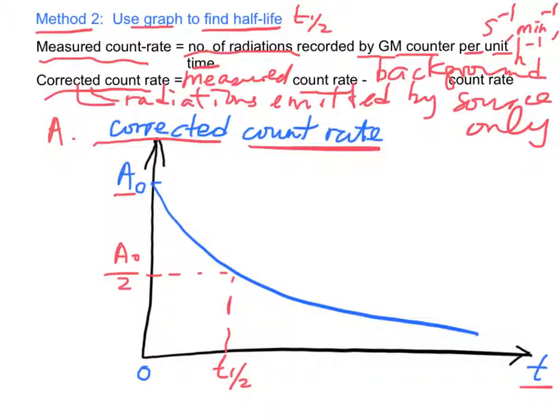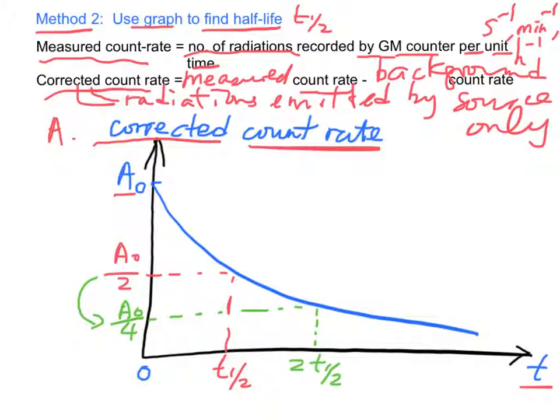Again, if the activity decreases from A naught over 2 to A naught over 4, that means the activity also decreased by 1/2. And the time taken during this time interval is also equal to the half-life. That means the total time is 2 half-lives.